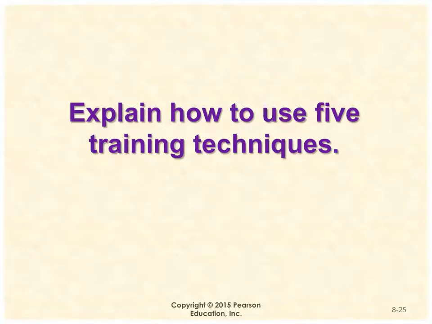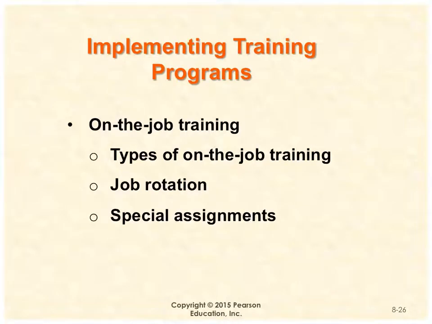All right, explain how to use 5 training techniques. One of the most important and most widely used training methods in any company is going to be on-the-job training. And there are lots of different ways that we can address on-the-job training.